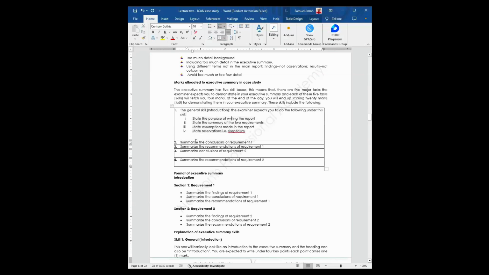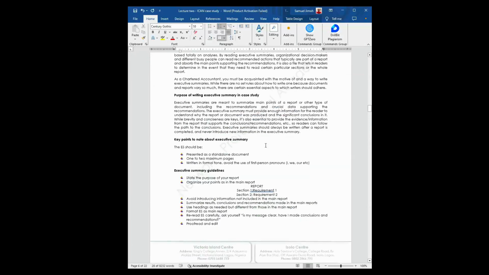Then the next thing, the number 2 sub-skill, is that you summarize the conclusions of requirement 1. This is straightforward. It means that you must have reached certain conclusions under requirement 1. And remember, I told you that this is exactly the way your report will look.